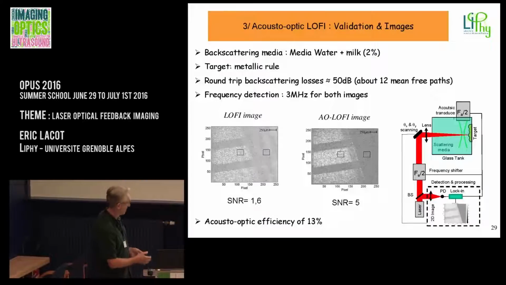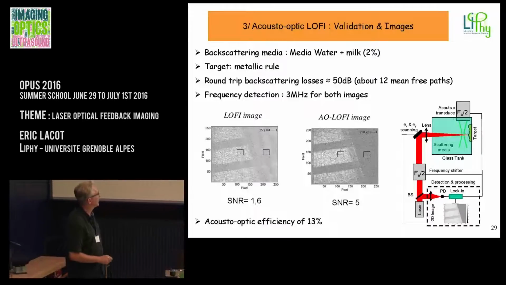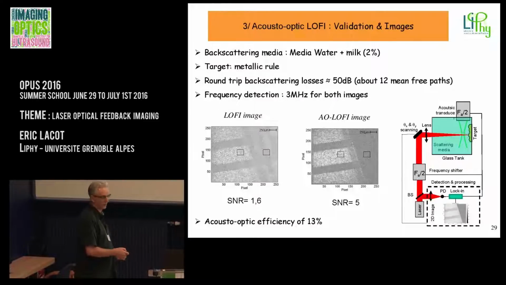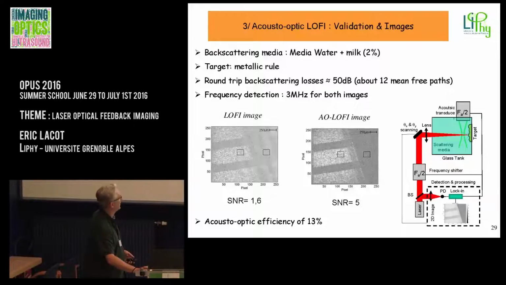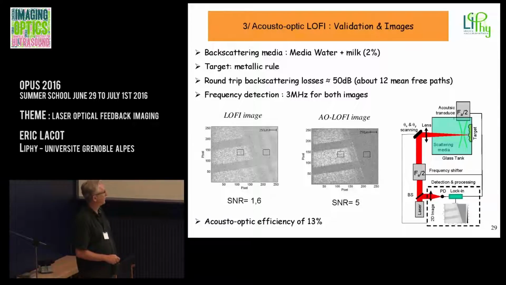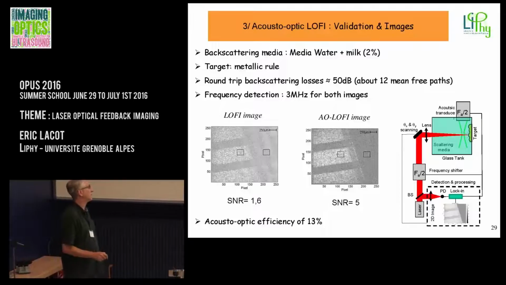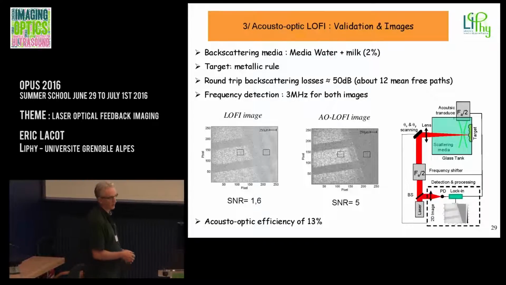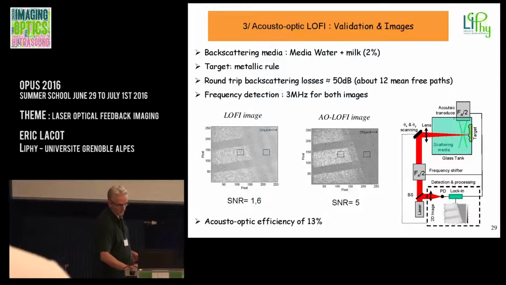Here the signal-to-noise ratio is equal to 1.6, and here it is equal to 5. So we have increased the contrast and also the signal-to-noise ratio, even if the acousto-optic efficiency is only 13%. The acoustic efficiency is very low, but nevertheless we have obtained an increase of the signal-to-noise ratio.